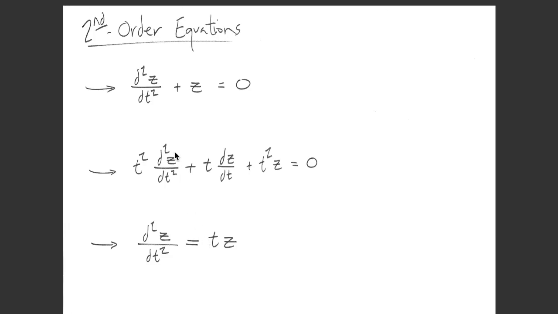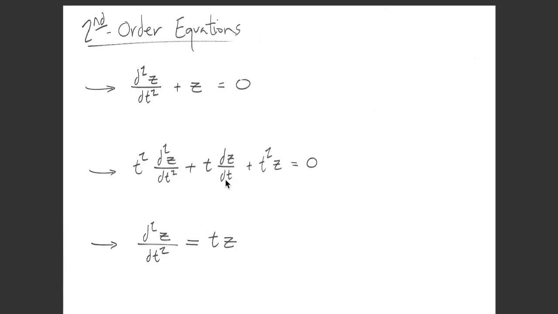I should point out that these are all called linear equations, linear second order equations. And that's because the derivatives themselves, of order either 2, 1, or 0, all appear only to the first power.